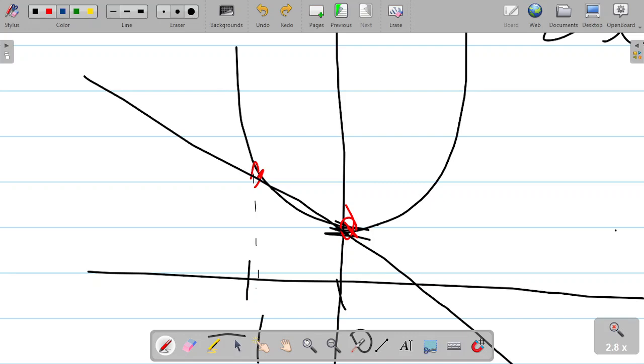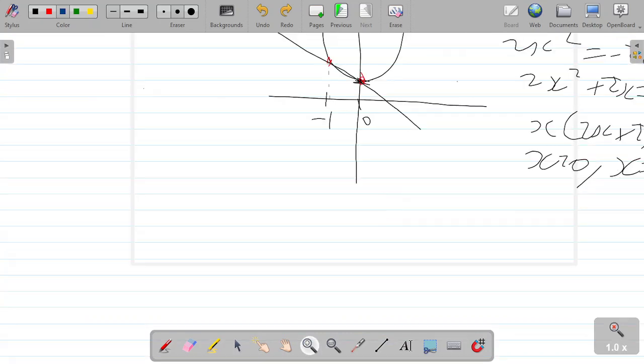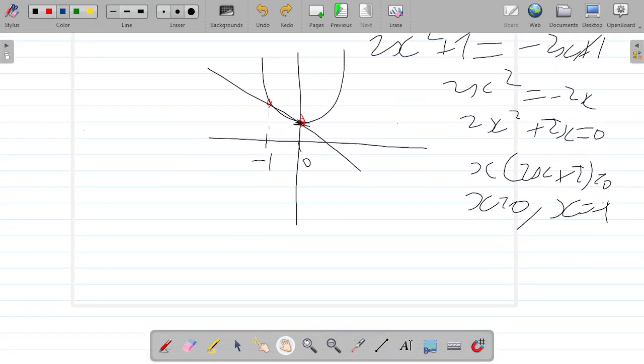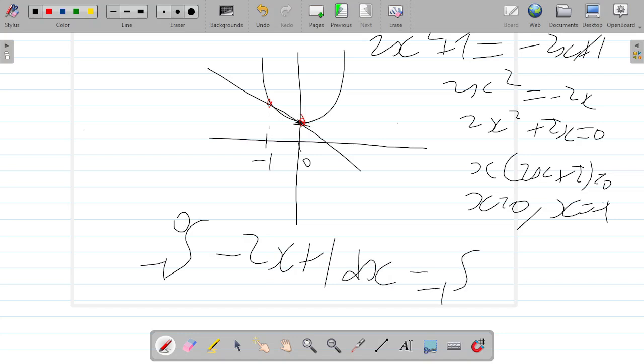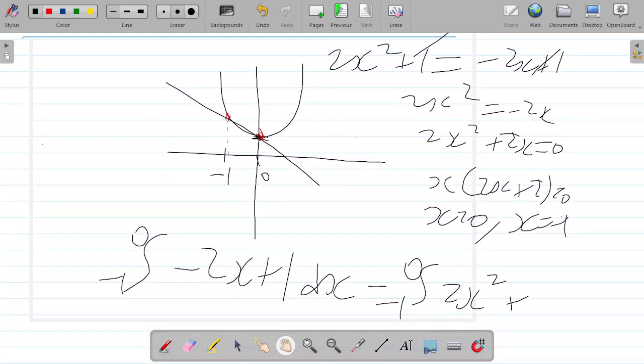So in an equation we'll write the integral from negative 1 to 0 of negative 2x plus 1 dx minus the integral from negative 1 to 0 of x squared plus 1 dx.